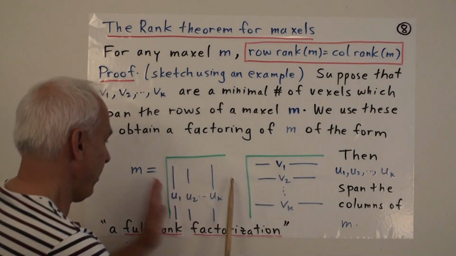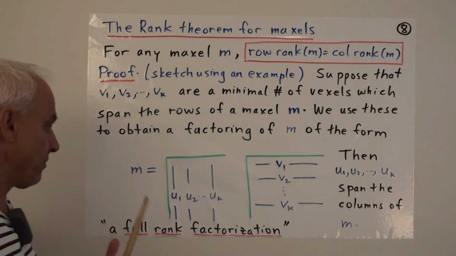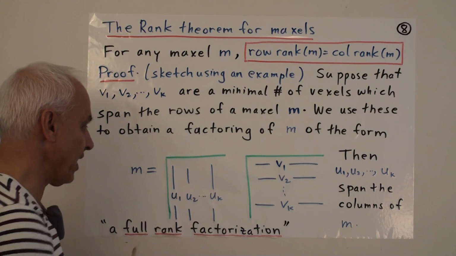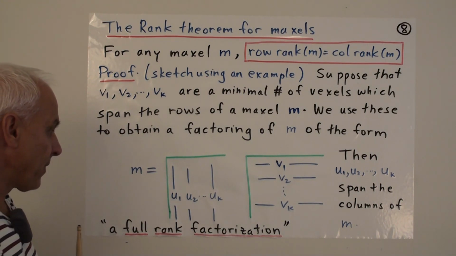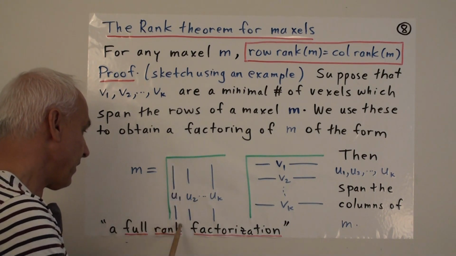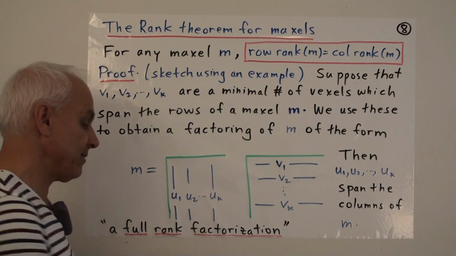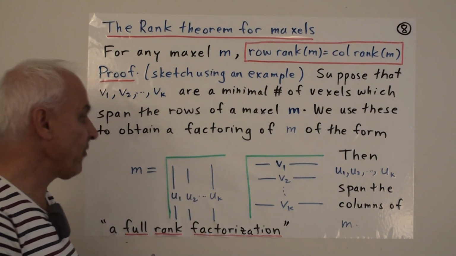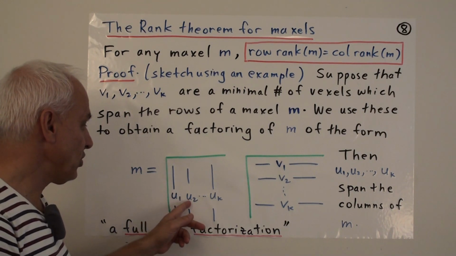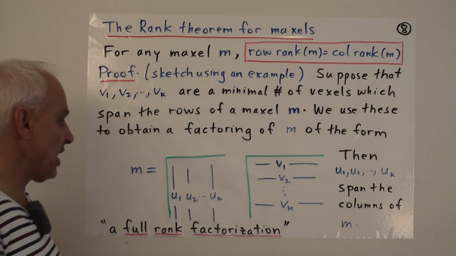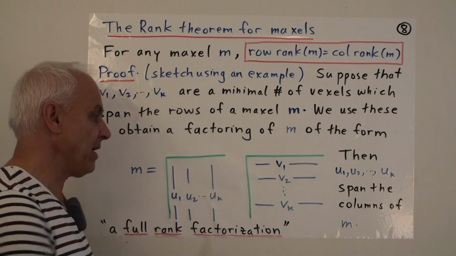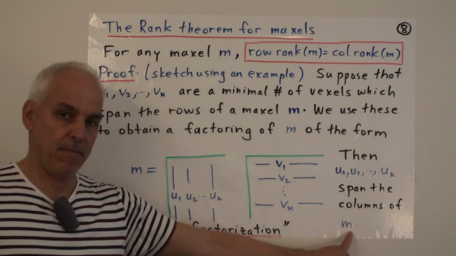And the other component in this product on the left-hand side is a similar kind of thing where we have k vexels written as columns, say u1, u2 up to uk, where it turns out that u1, u2, up to uk span the columns of m.